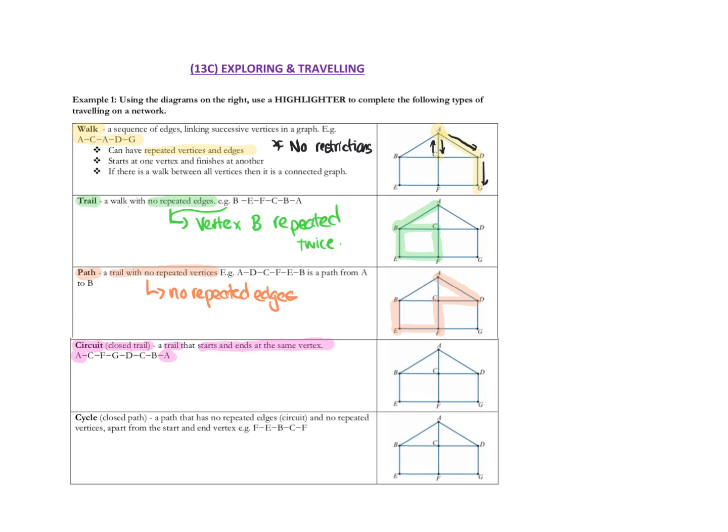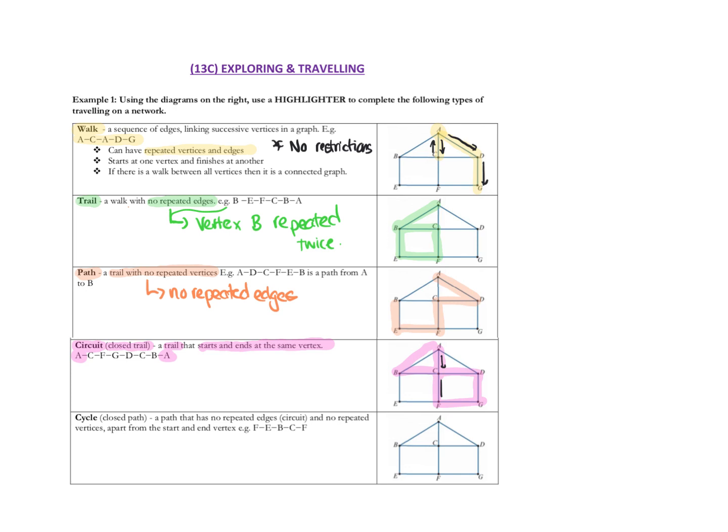If we did that little one for practice, we went A to C, C to F, F to G, G to D, D to C, D to B, and then back to A. You might want to put the little arrows in on your diagram as well.